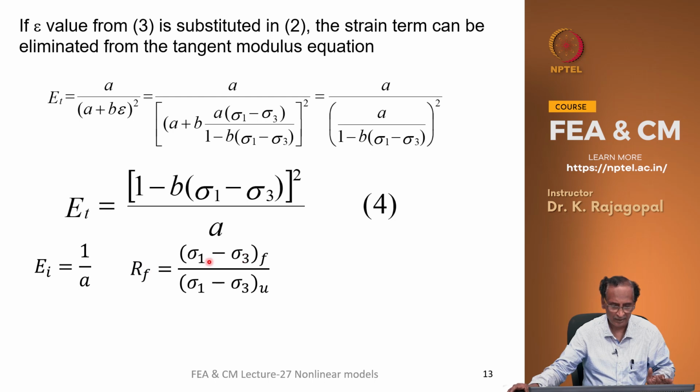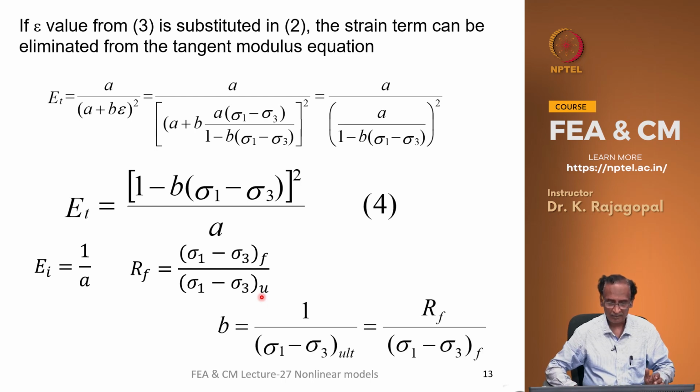RF is sigma 1 minus sigma 3 at failure, by sigma 1 minus sigma 3 ultimate, and B is 1 by sigma 1 minus sigma 3 ultimate. So that is RF by sigma 1 minus sigma 3 at failure, which is the limiting deviator stress.